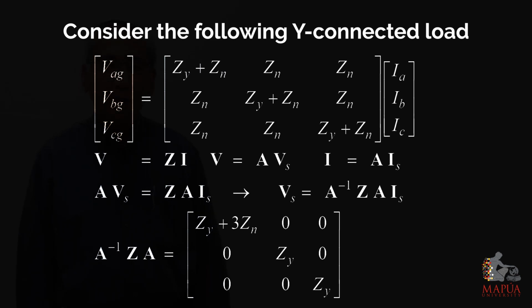So these are the elements of the inverse of the A matrix, the Z matrix, and the A matrix.